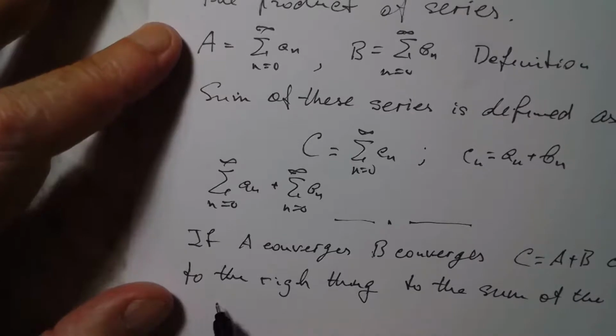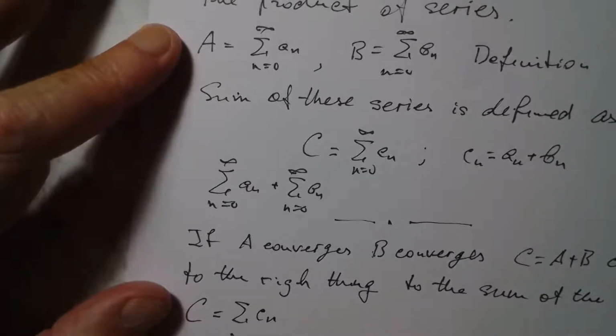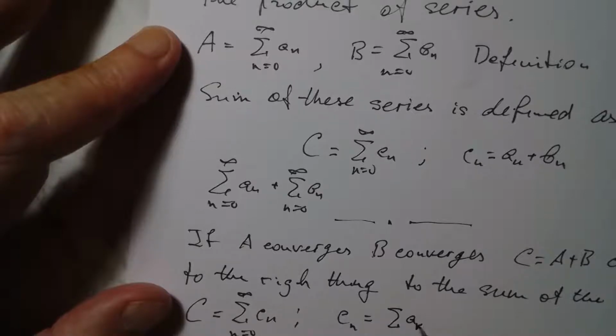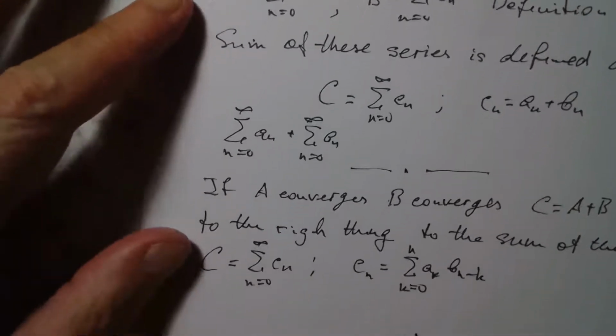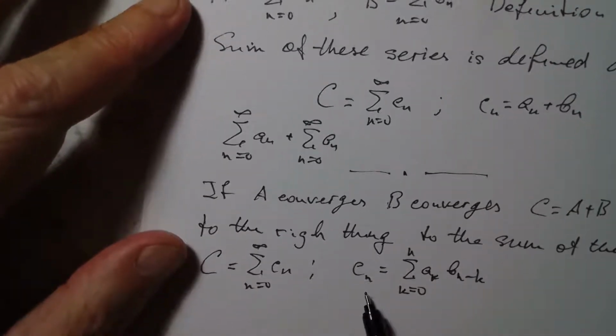And the product of the series is the series C, which is equal to the sum of Cn, n from 0 to infinity. Only this time Cn is defined to be the sum of Ak Bn minus k, k from 0 to n. So in here, I have a finite sum. These are well-defined numbers. And then I'm taking the infinite sum of all those numbers.